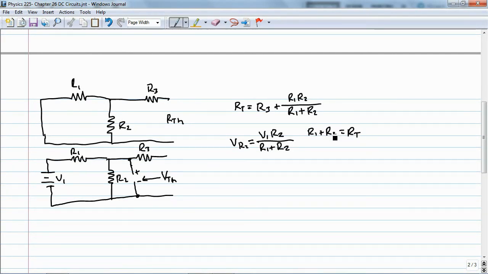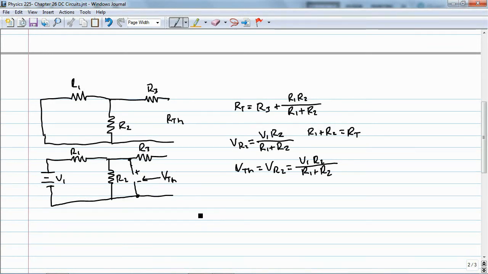We'll say that was RT, right? That goes back to our other formula. And so now we have this Thevenin voltage, which is just the voltage across R2, and that's equal to V1 R2 over R1 plus R2.